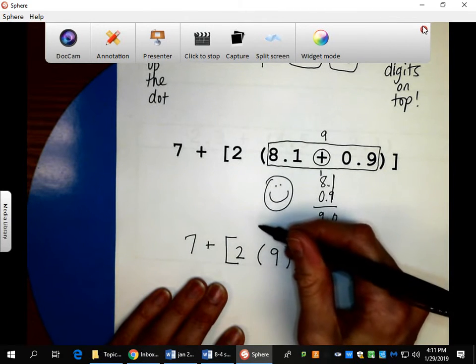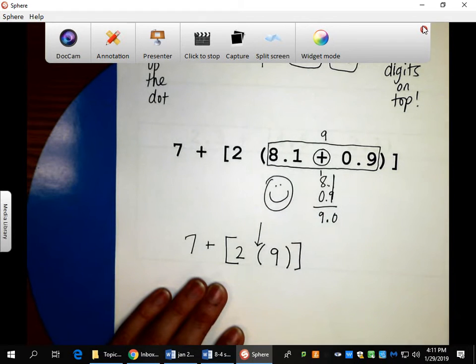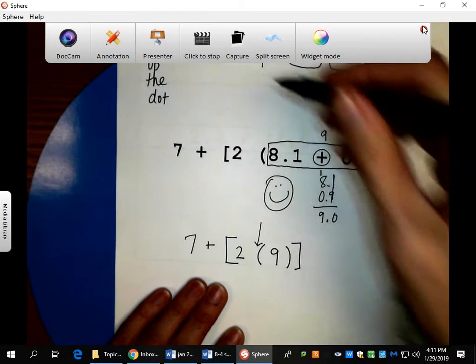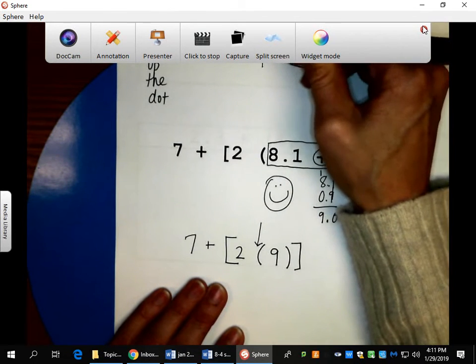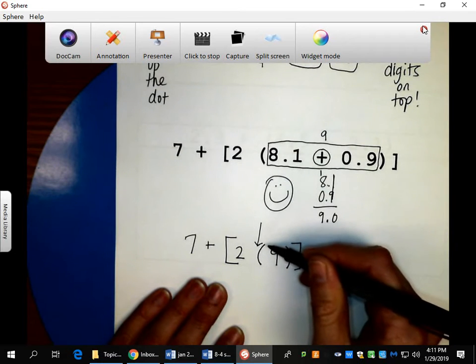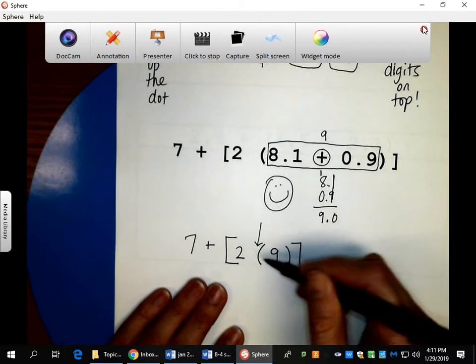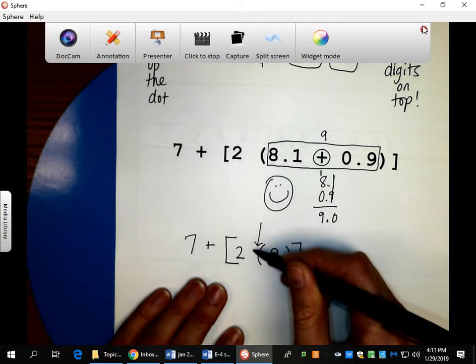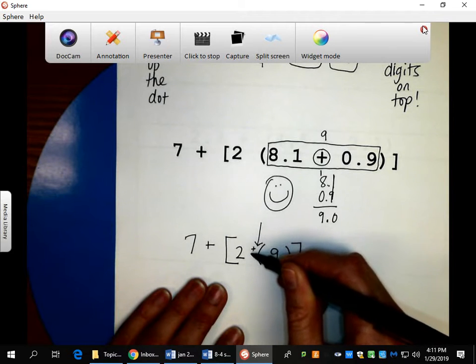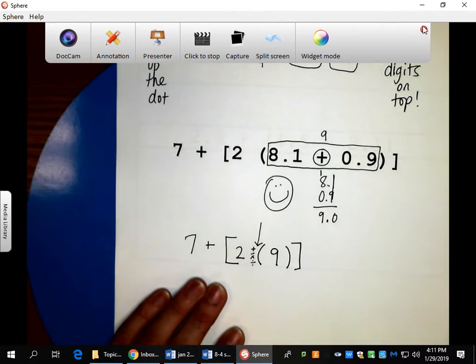Whenever you have two numbers sitting next to each other, but no operation, by the way, I'm still in parentheses. It doesn't tell me whether I need to add, subtract, multiply, or divide here. We've talked about this before.